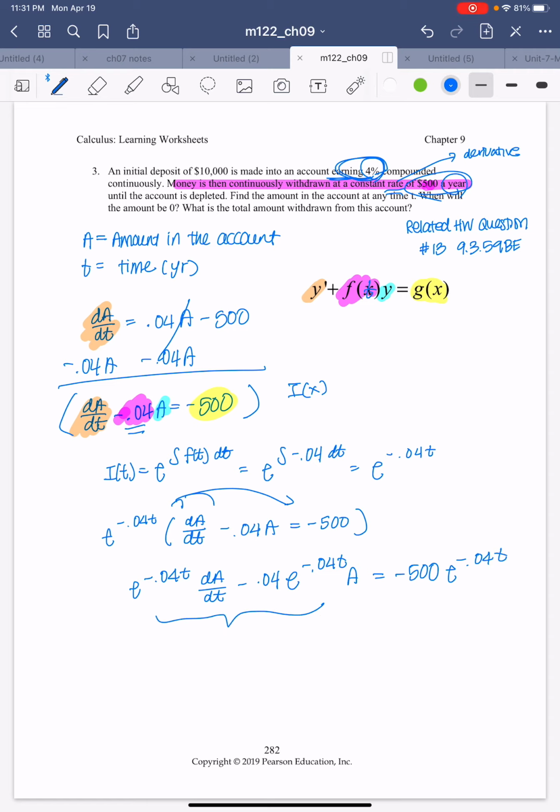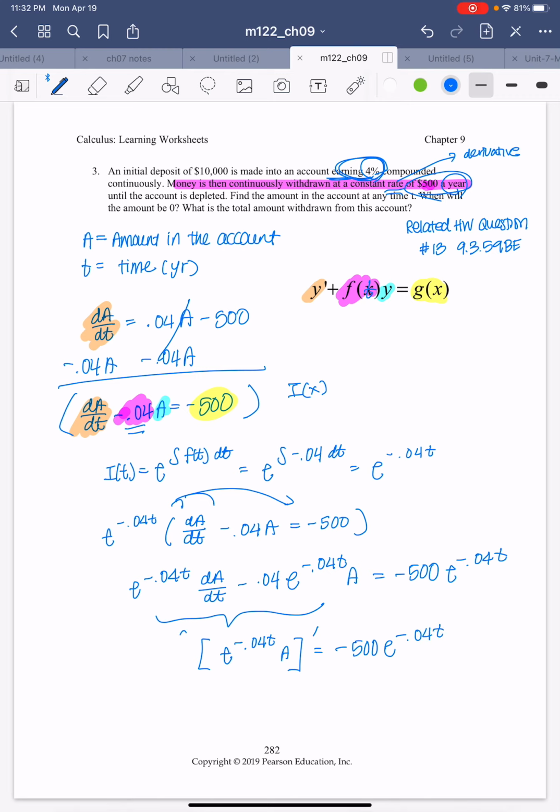This part is your product rule of the integrating factor times the A function. So I have e raised to the negative 0.04t times A, the whole thing prime. On the right hand side, you have negative 500 e raised to the negative 0.04t.